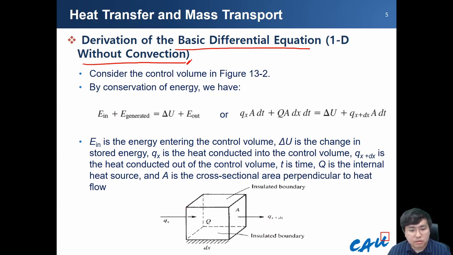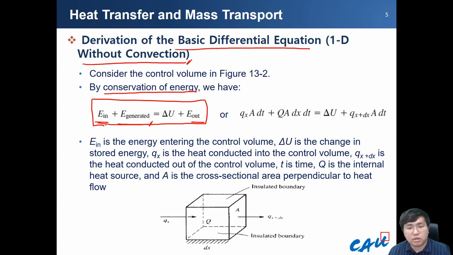Let's think about this representative volume element. In this volume we should check the energy conservation: energy in and energy out must balance, and the energy generated inside must equal the internal energy increment. So the energy balance equation looks like this. The input energy is equal to the flux times the cross-sectional area and time.